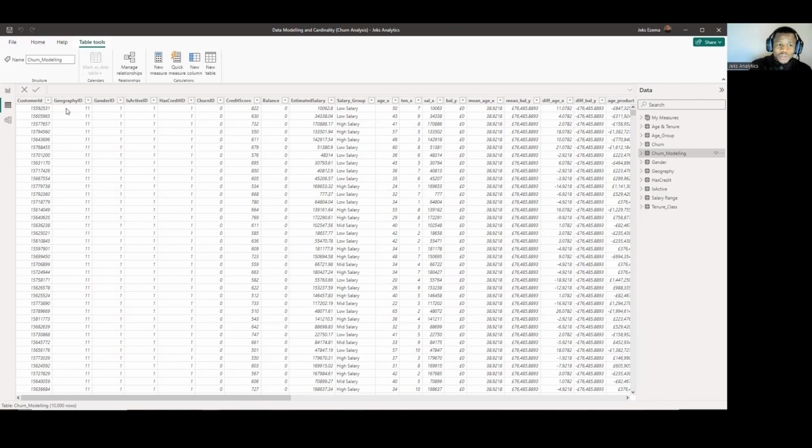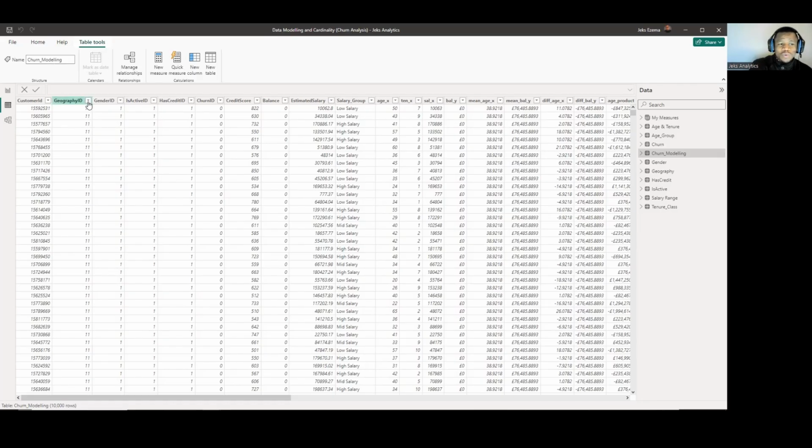of their keys. So these secondary keys are primary keys to a different table. They are primary keys to a different table, but in another table, they become a secondary key. Do you know why? Because there is possibility that they can repeat itself in that table. For instance, you look at geography ID, you can see 11, 11, 11, 11, 11, 11, right?